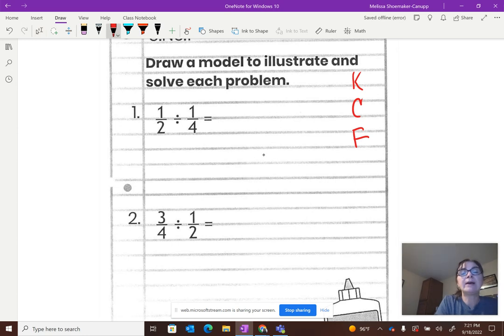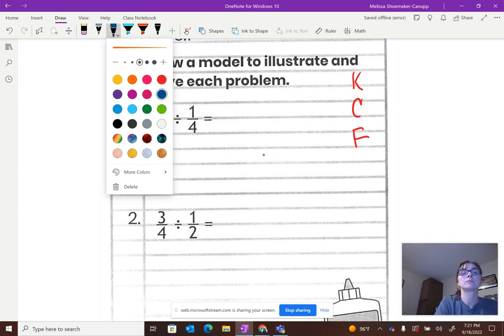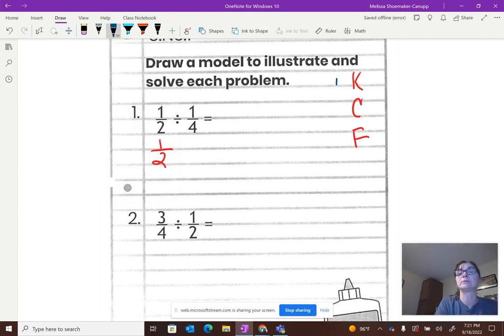We're going to keep 1/2 the same. So I simply write it. Okay, so I've done keep. Next, I'm going to change. What does change mean? Change means I take division and I change it to multiplication. So I change. Done it.